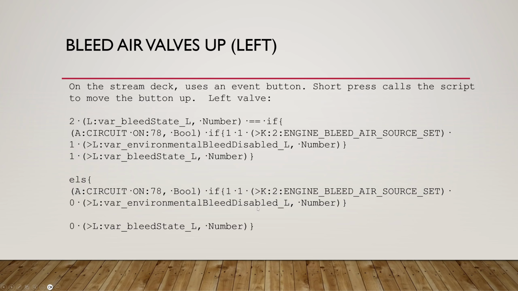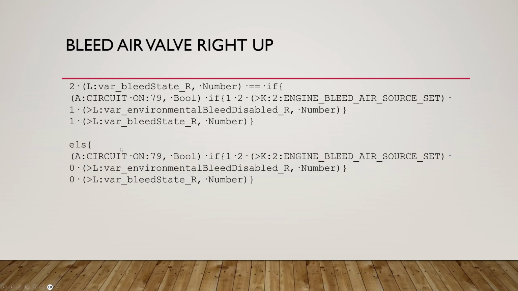So the disabled will be switched off, so that's now in the top position. And if you look at the right hand one, really much the same structure, but looking at the right hand engine, and this one here is engine 2 and circuit 79 that we're checking to make sure that that engine is running. Other than that, it's pretty much the same stuff.